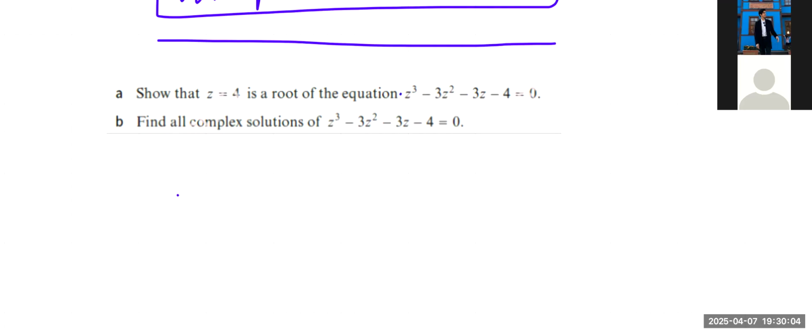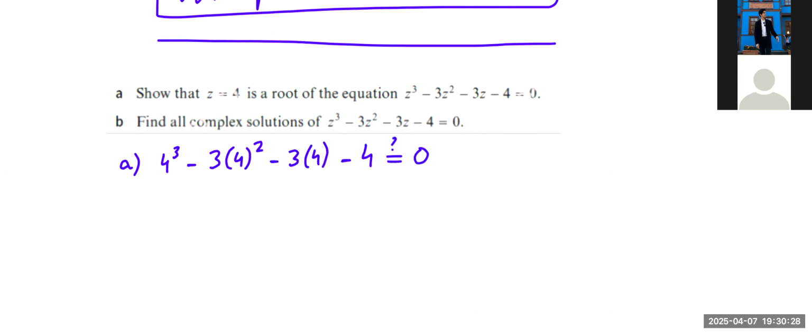Anyways, they're saying show that z equals 4 is a root of this equation. How do we prove that? We can plug in the 4 for z and see whether we get 0 as a result. I'm assuming we will. We don't need to work through this, but yes, it is a root. That's how you can prove it.